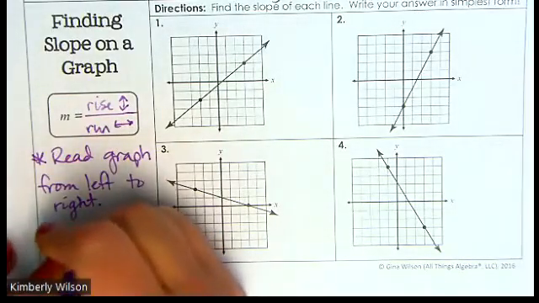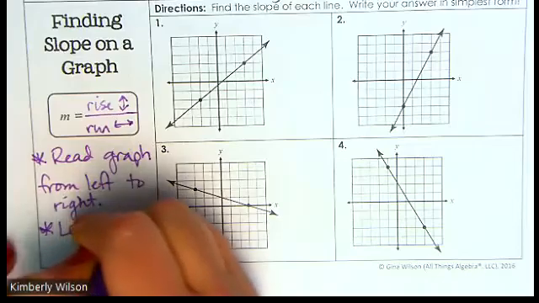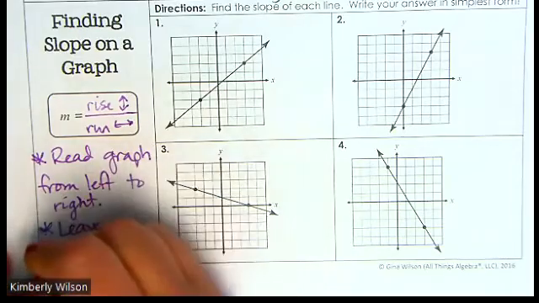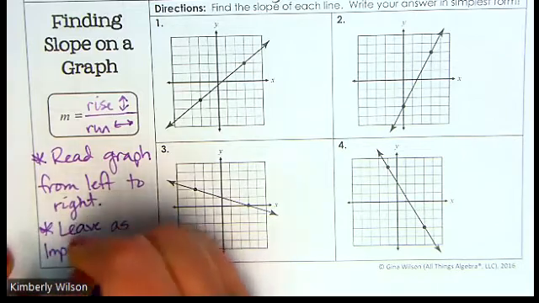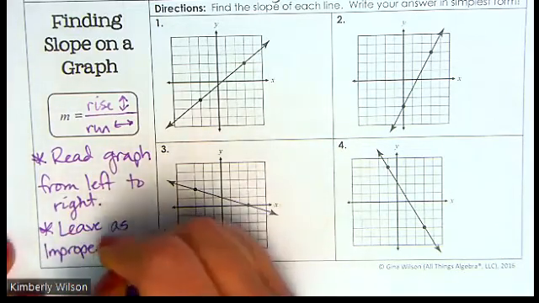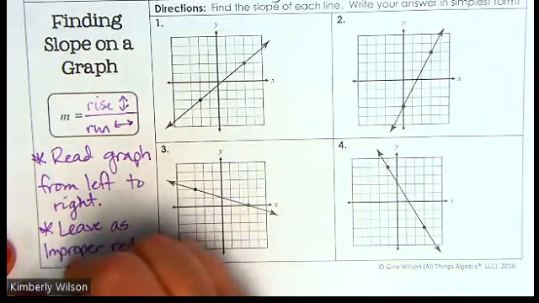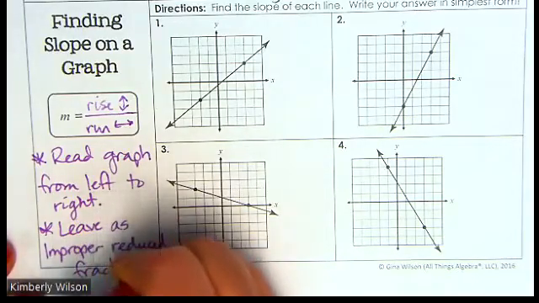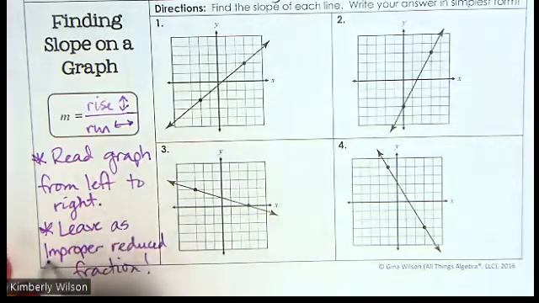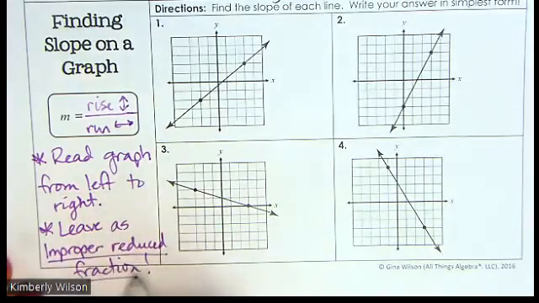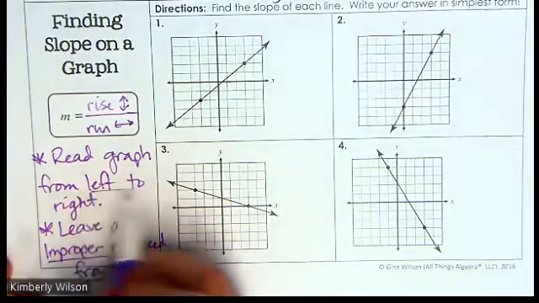And leave as an improper, reduced fraction. So it's got to be an improper and reduced fraction, and it's from left to right.